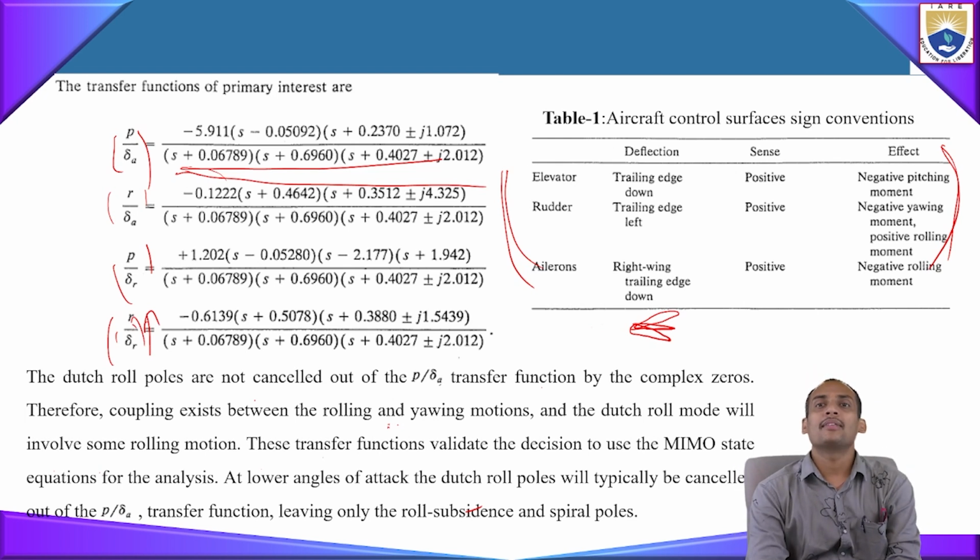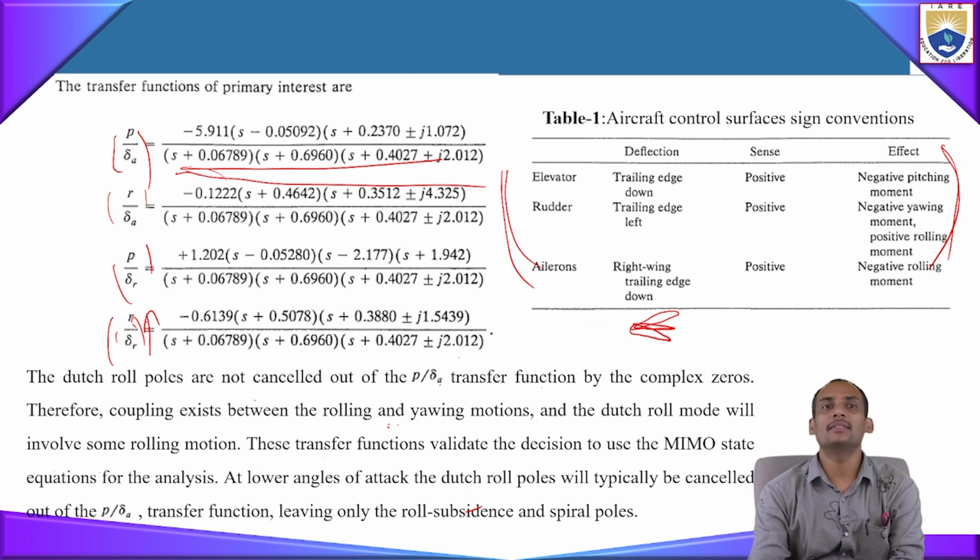So the transfer function validates for the multi-input, multi-output state equation for analysis. At lower angle of attack, the numerator will typically be cancelled out of the p by delta a transfer function, leaving only the roll subsidence and the spiral.